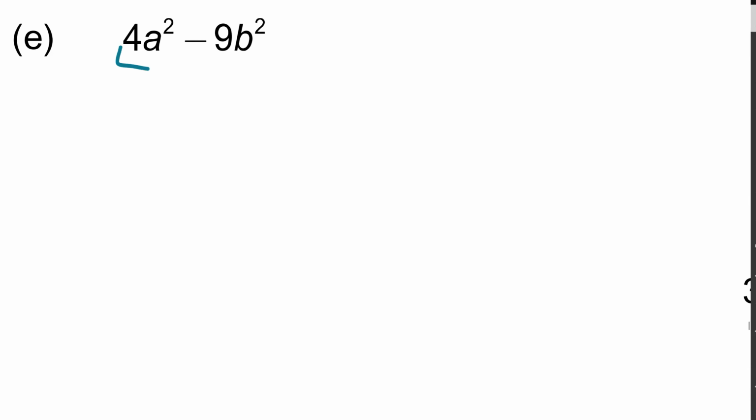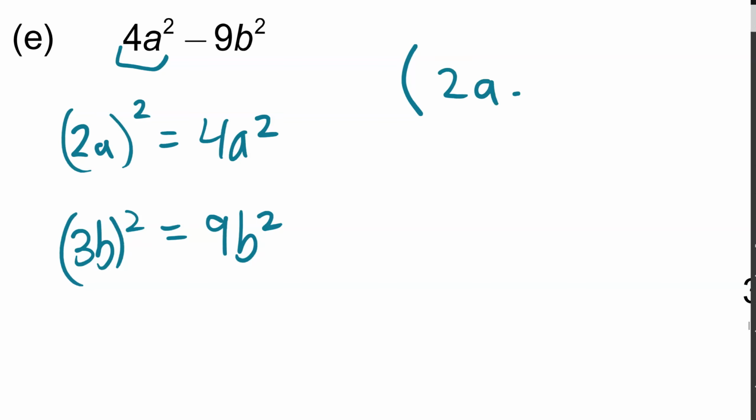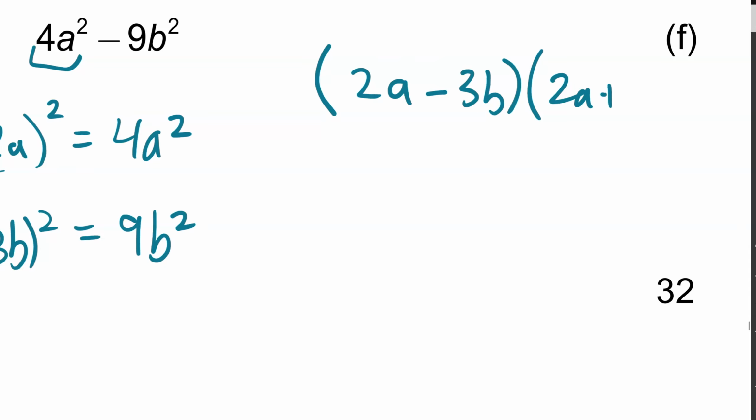So this is a difference of squares because if I square 2a, it's equal to 4a squared. If I square 3b, that's equal to 9b squared. So it's a difference of two things that are squares themselves. So this would just be 2a minus 3b times 2a plus 3b. That's it.